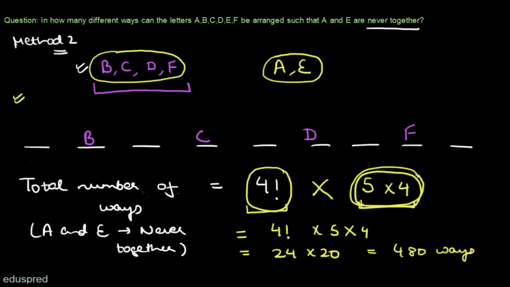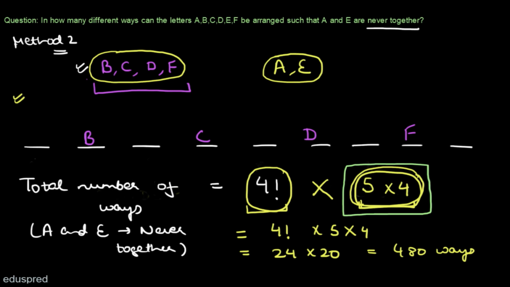Now before I end this video, there is one last thing that I want to tell you, and that is about how to find the number of ways to arrange the letters that we have in yellow color. Right now we know that the number of ways to arrange A and E are 5 multiplied by 4, but I deliberately want to tell you one more way to find this using the method of permutations. So let's see how we can find that.